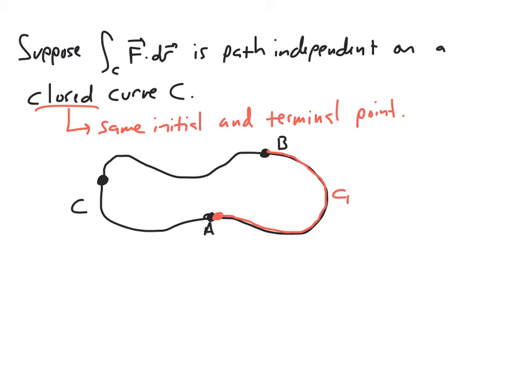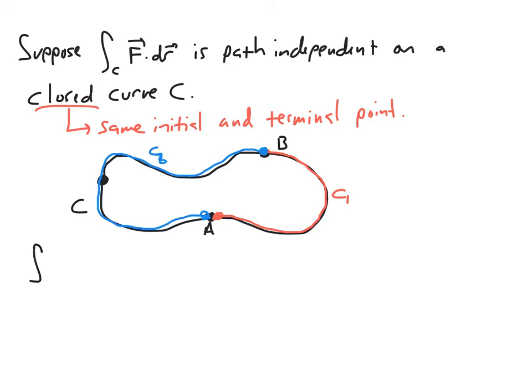And then I'm also going to define curve 2 to start at B and to work its way around curve C to A. And so this will be my curve C2. Right? So what we've done here is we've broken up a closed curve C into 2 paths, a path C1 from A to B and a path C2 from B to A.